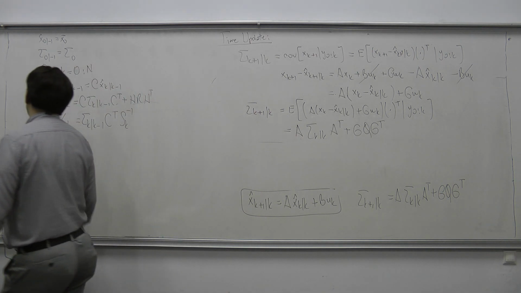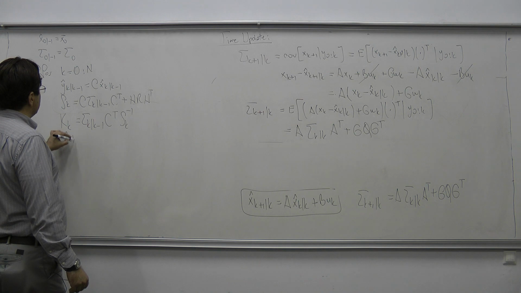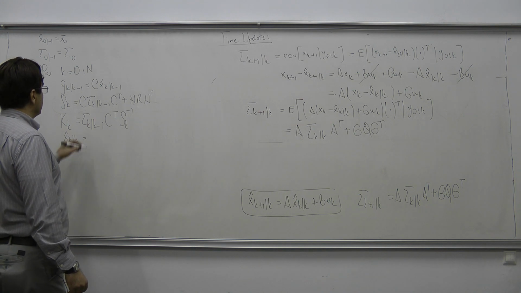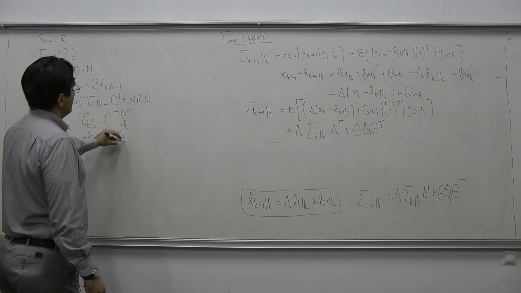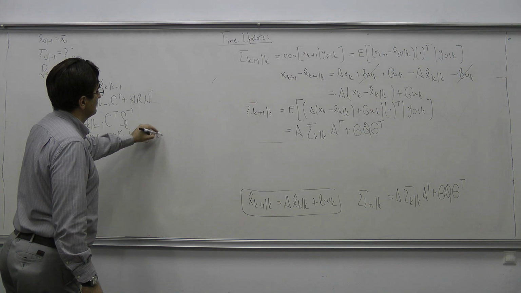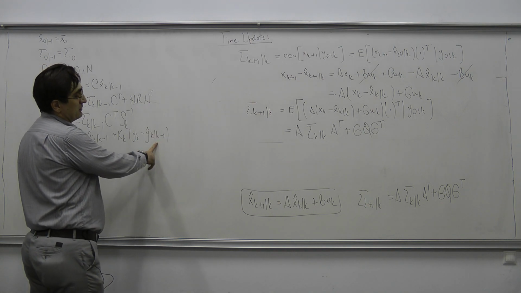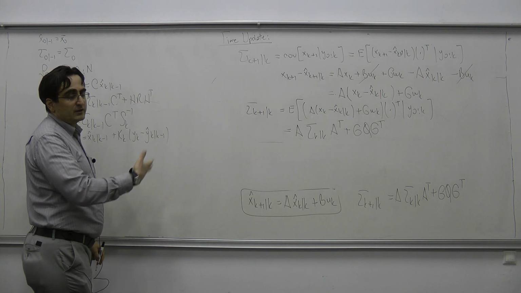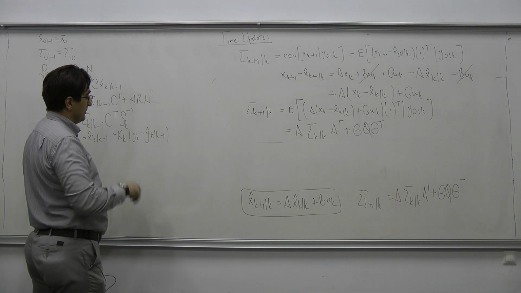So we have calculated the Kalman gain, and the next step is to calculate the estimate. x hat at k given k is x hat at k given k minus 1 plus the Kalman gain times the innovation. We subtract from the measurement all the information that we already have from the previous measurements.